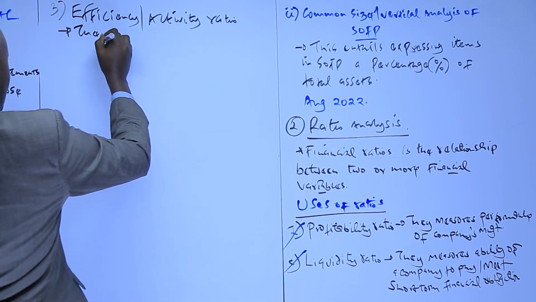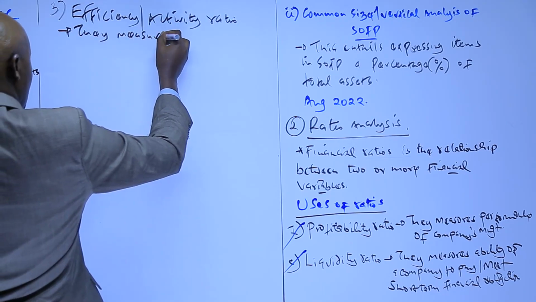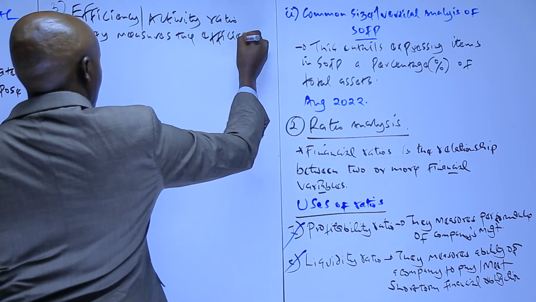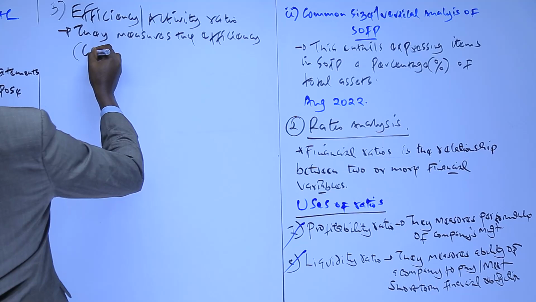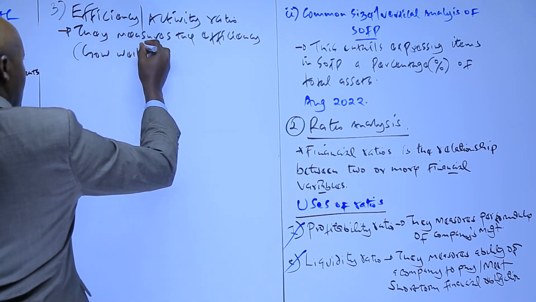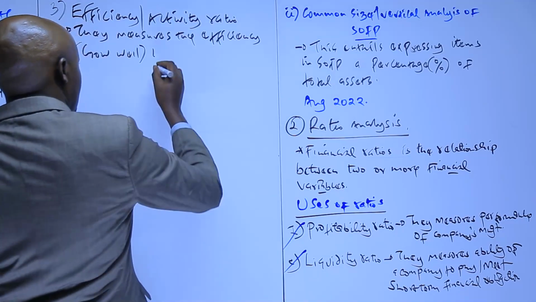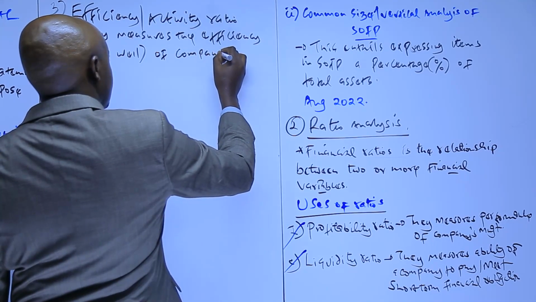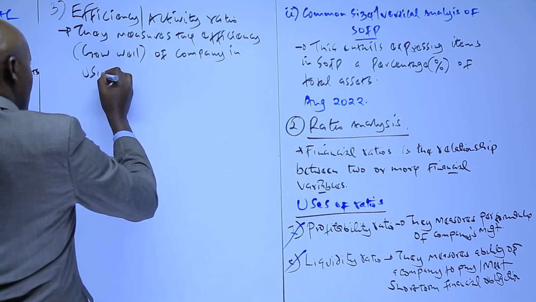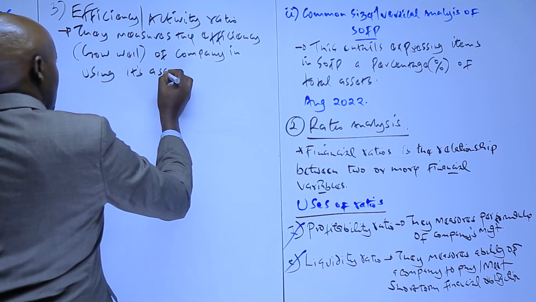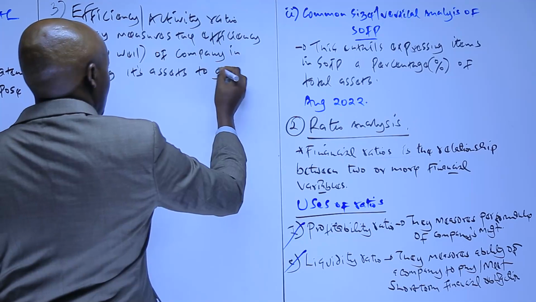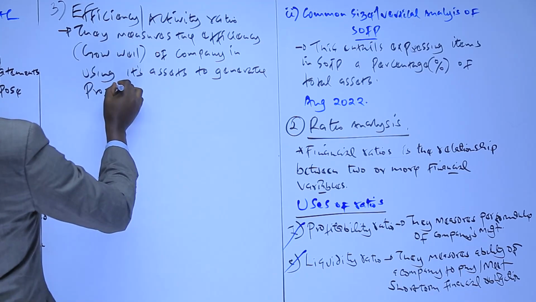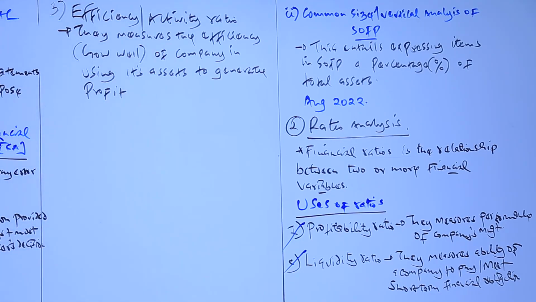So we can say the efficiency, basically we are talking of how well the efficiency of a company in using its assets to generate a profit. How well is the company using its assets to generate revenue?